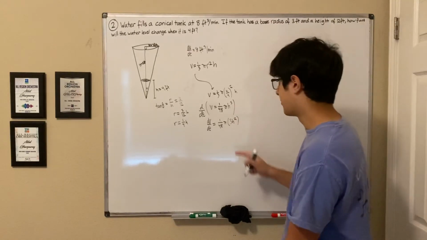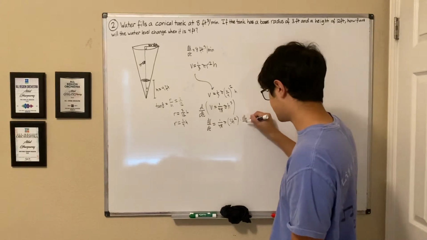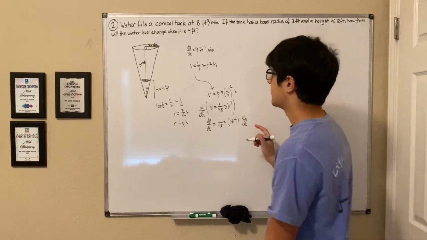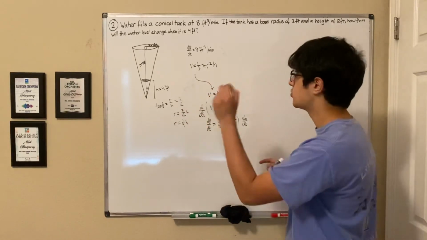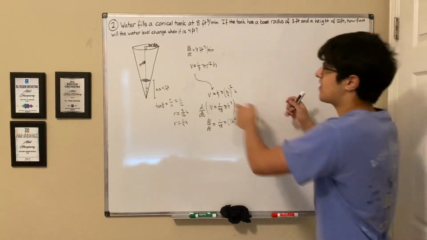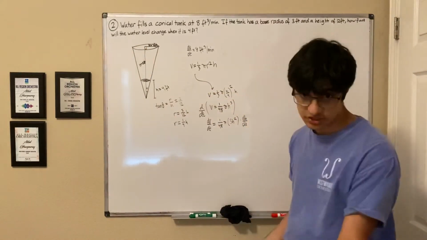But remember, with implicit differentiation, we have to put a dh/dt next to it because h is our variable. Now we can solve for dh/dt because we're looking for how fast the water level will change. That's the rate of change of the water level, or dh/dt.